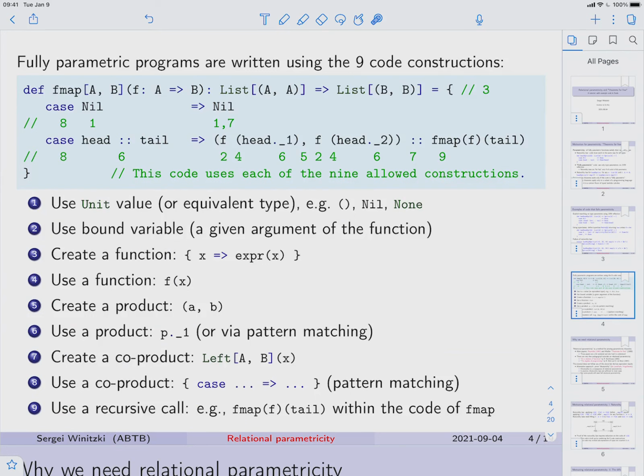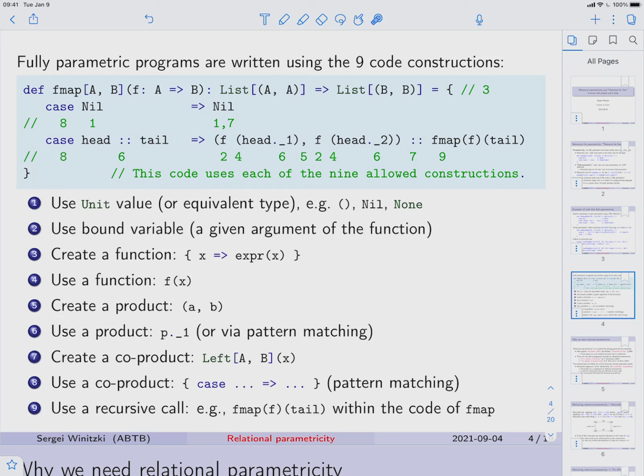So these constructions are usually taken for granted in functional languages. All functional languages support them: Scala, Haskell, OCaml, F#, Swift, Rust, Elm, and so on. They all support these constructions.